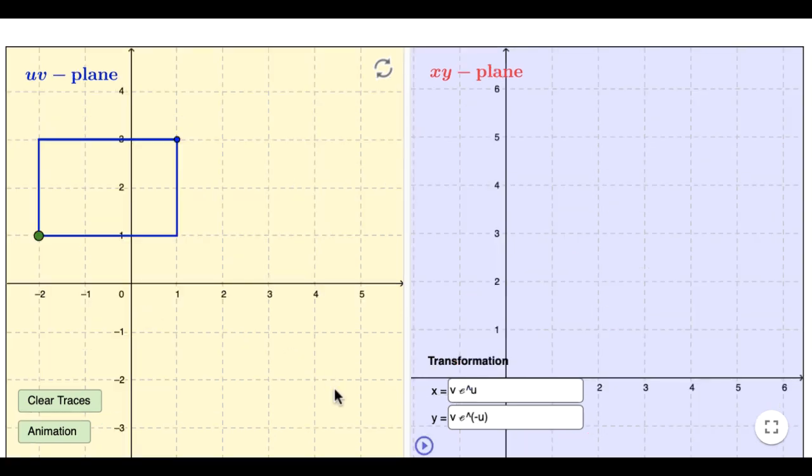Here are the other transformations that I mentioned in the video. So now x equals v times e to the u, and y equals v times e to the negative u.